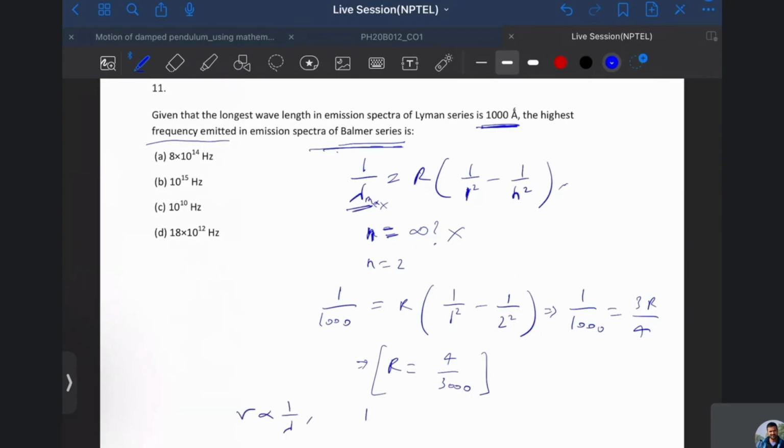And for lambda min, what should be the n here? So it is 2 square in the case of the Balmer series. So what will be the n here? Again, for minimum, infinity or 3?